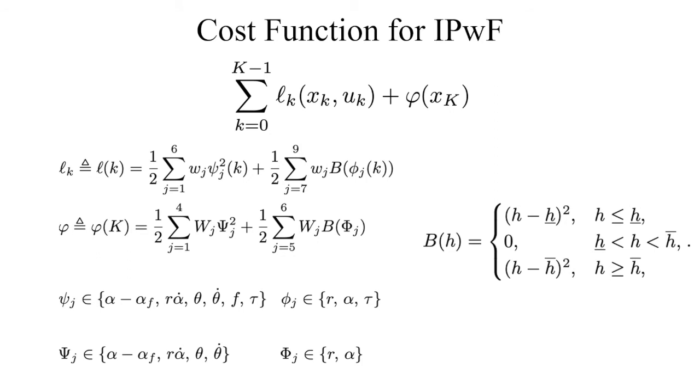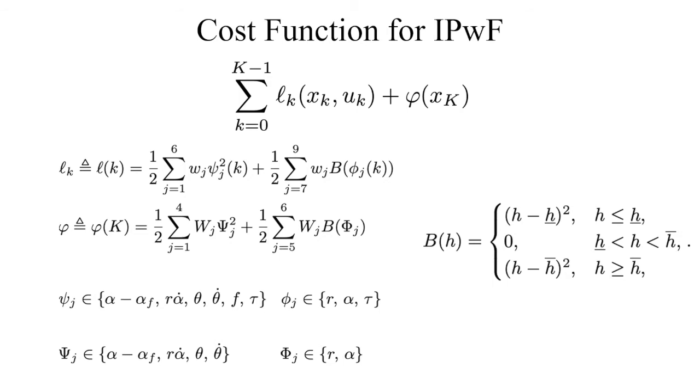Next, W2 and capital W2 in the integral and terminal cost penalize the center of mass velocity to decrease it while landing. Moreover, W3, capital W3, W4, and capital W4 in the integral and the terminal cost are used to guarantee that the robot can reach a desired position theta at zero angular speed.